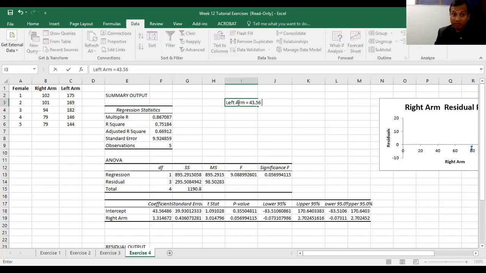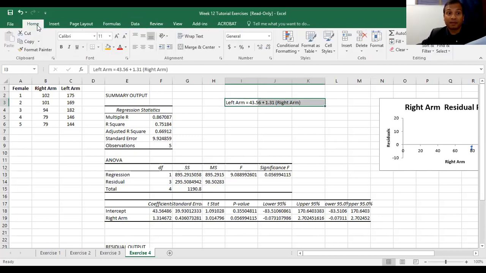Again, the sign is positive for the slope, right arm, plus slope 1.314. So make it 1.31. And then, can we write X? No. See the variable, it is right arm. So you will write right arm. You will get 100 marks for this one. This is the right equation.